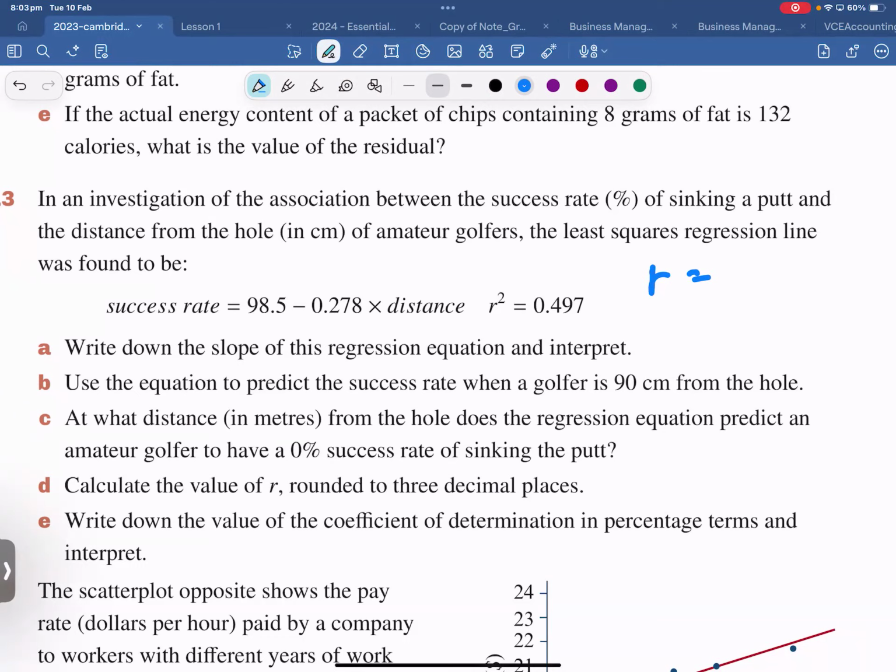What are you doing now at school? 8F. That means you are going to finish financial maths. When do you have your SAC? March 2nd. Okay.